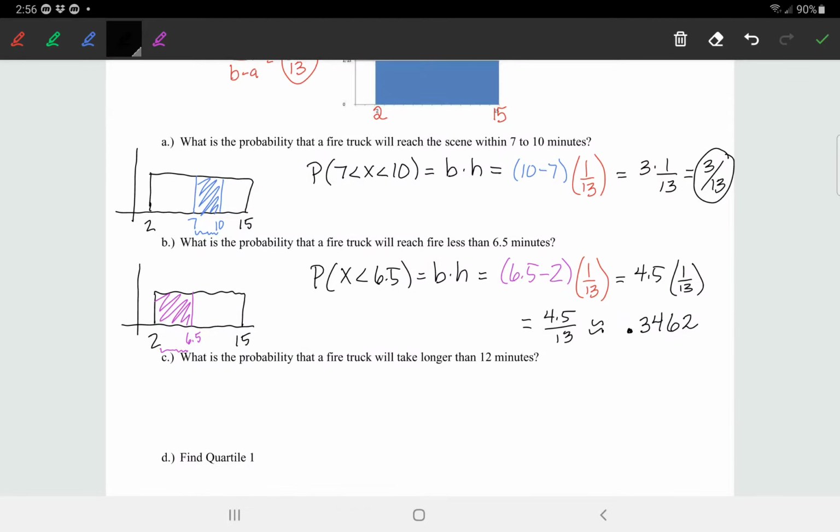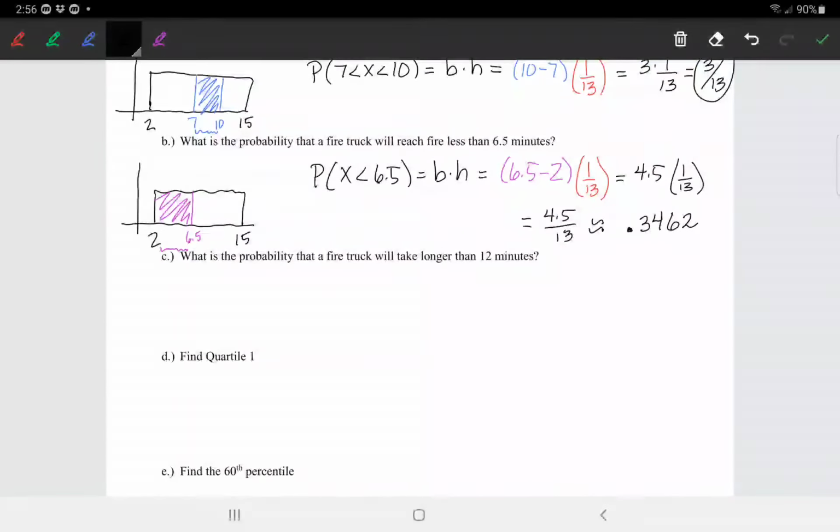So there's about a 34.5% probability, or there's a 0.3462 probability that the fire truck will get there in less than 6.5 minutes, or about 34.5% of the time. Okay. So let's do the next one.